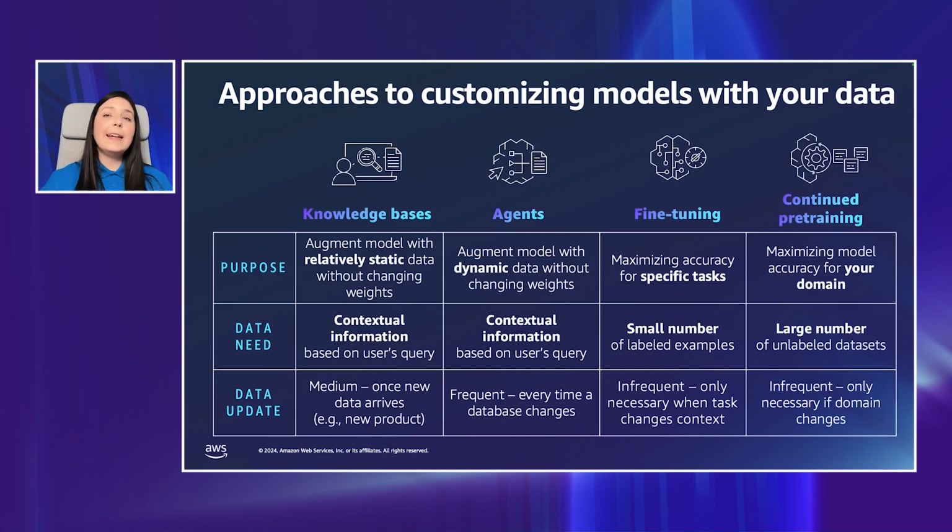If you are now indexing a lot of data into a vector database and performing semantic search, you can also augment this semantic search data with the most recent sales information of yesterday, for instance, by adding an API query that will get this most recent, more structured data with agents. So you can combine knowledge bases and agents. You can combine, for instance, continued pre-training with knowledge base by not now using the foundation model out of the box, but using your continued pre-training foundation model to answer questions about the data on your knowledge base.